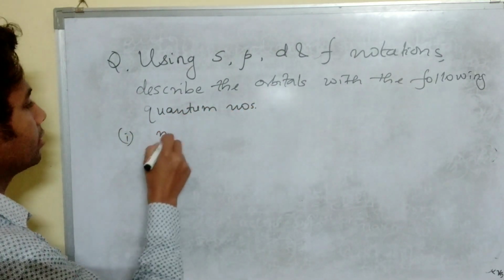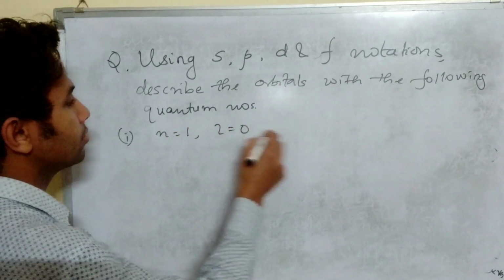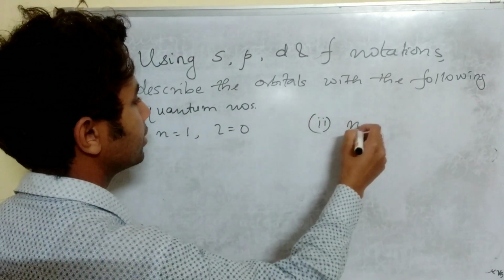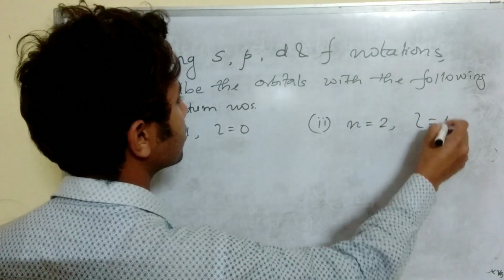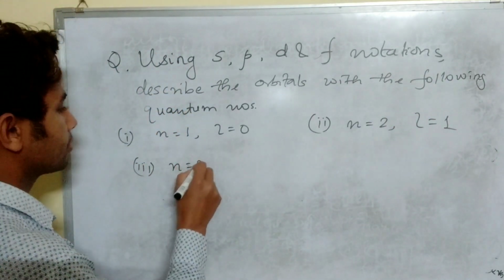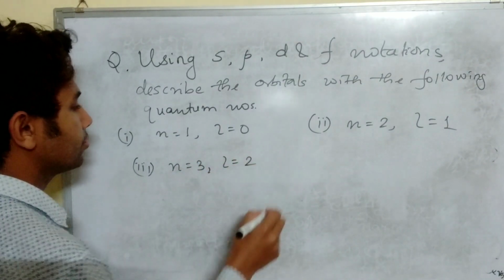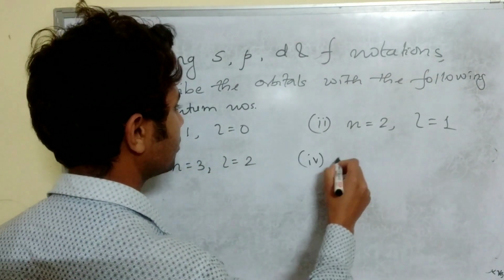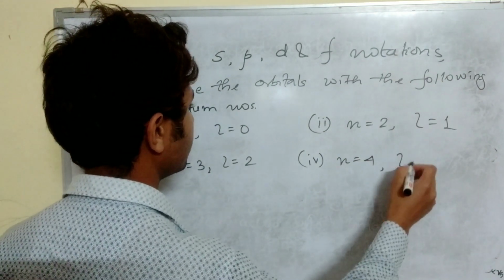Number 1, n is equal to 1, l is equal to 0. Number 2, n is equal to 2, l is equal to 1. Number 3, n is equal to 3, l is equal to 2. Number 4, n is equal to 4, l is equal to 1.